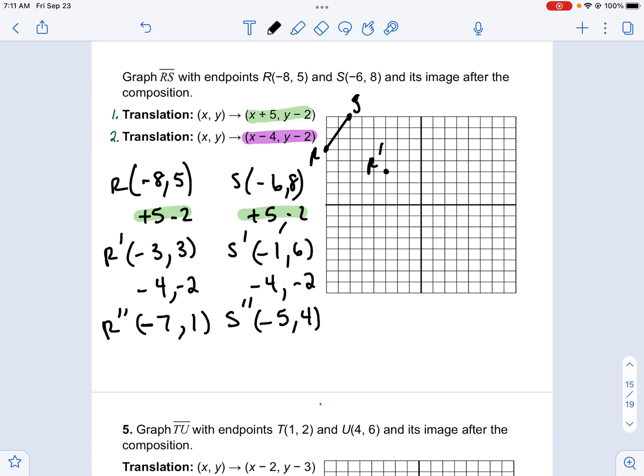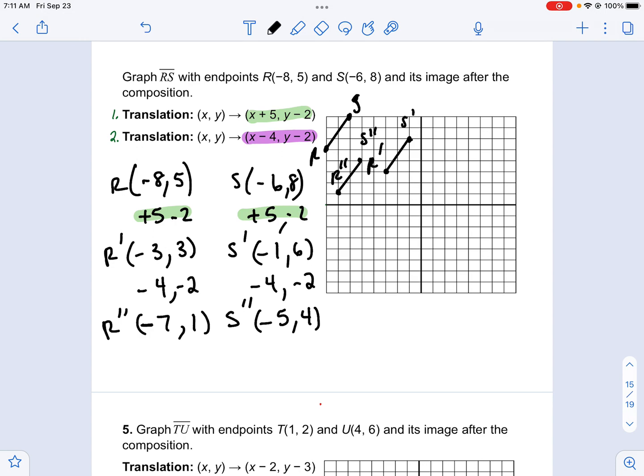Negative 1, 6, S prime. And finally, negative 7, 1 is R double prime. And negative 5, 4 is S double prime.